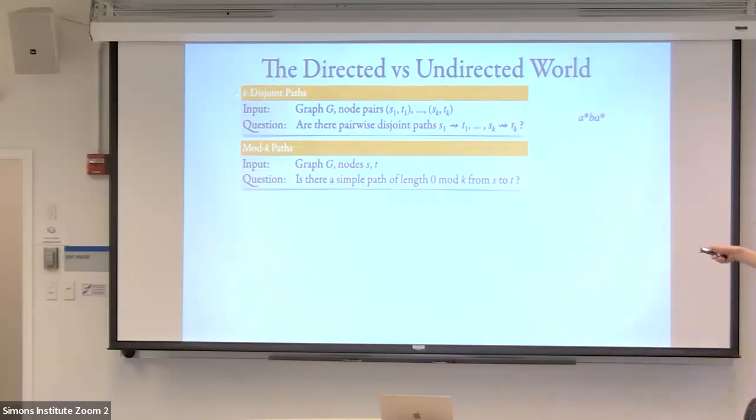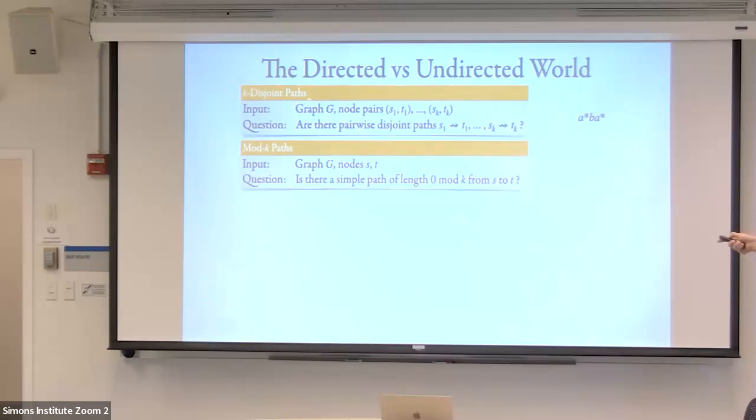Well, the two disjoint paths problem is essentially the same problem as saying, I want to find a simple path from my source to target that's first labeled with a bunch of A's. This is your first node pair. You want to find that from S1 to T1. Now you could have in your reduction a single edge from your target 1 to your source number 2, which you label with a B, and then all the rest of your graph is labeled with A's.